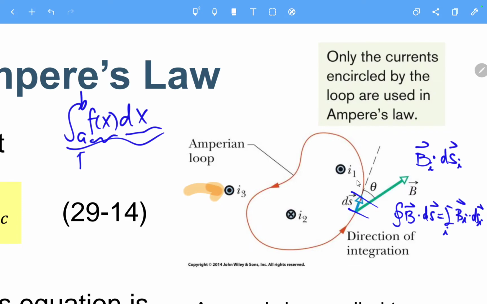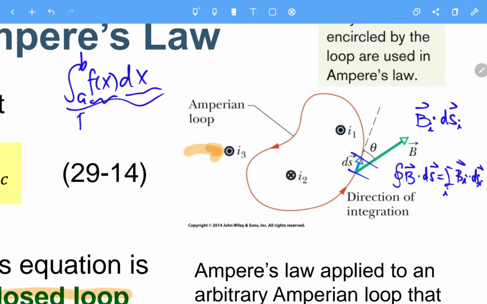You can see it encloses I1 and I2. I3 is outside the loop. So for I enclosed, considering this loop, we only count I1 and I2. We don't count I3.